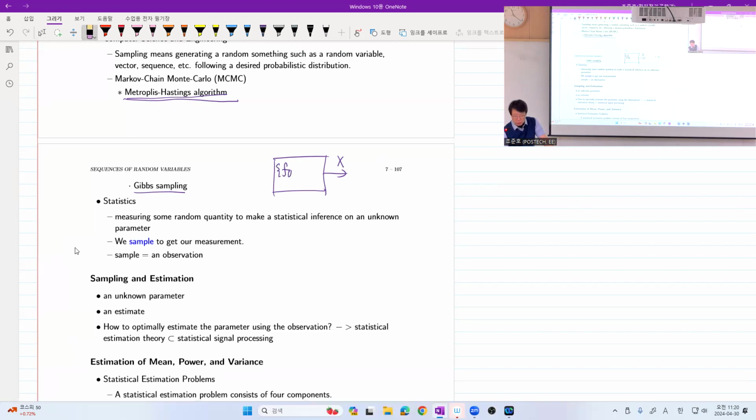So it's like this. There is some index set. It could be a discrete or countable or uncountable set.